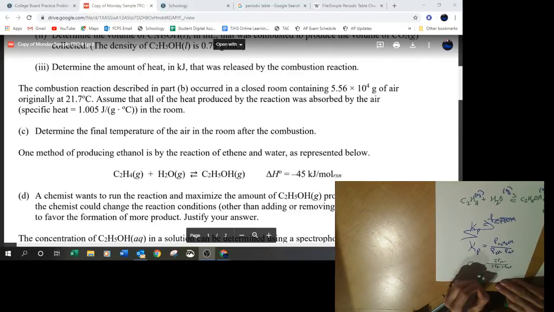Then you could break that out and go 2 times 2 over 2 times 2, and you've still got the same Kp term. And so you say, okay, Q is 1/2 of Kp, therefore it's going to shift towards products. That would be my 1-minute explanation for why it's going to shift in that direction. Does that help?